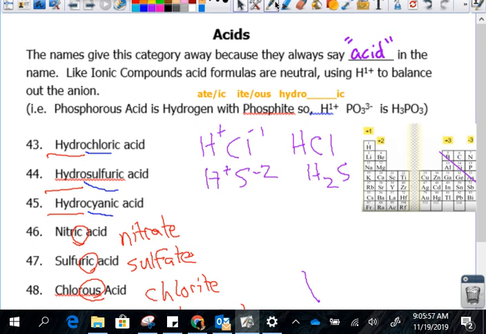And then we have hydrocyanic. Hydrogen has a +1 charge. Cyanide is a polyatomic ion, CN-1. So this is HCN.